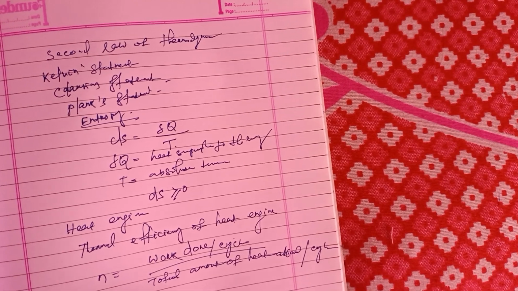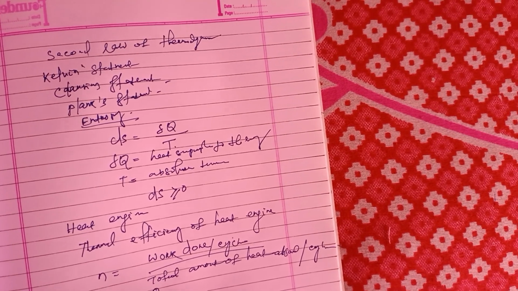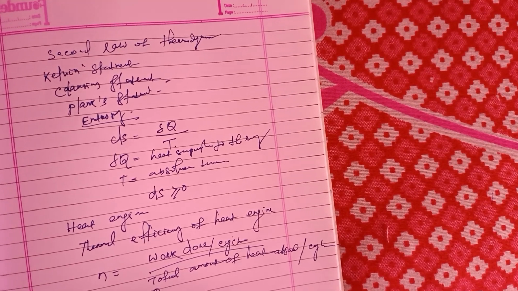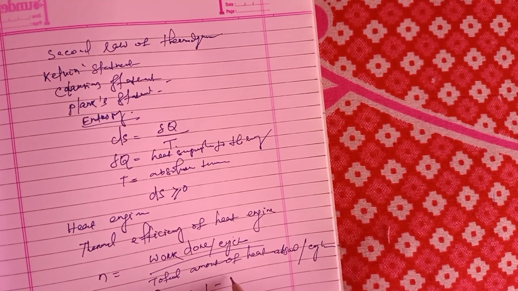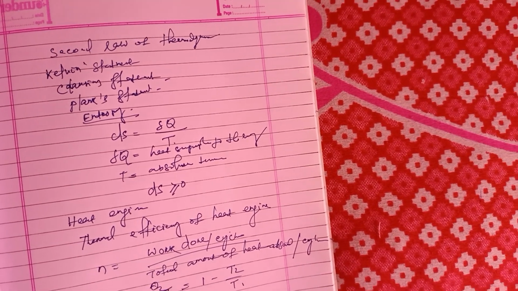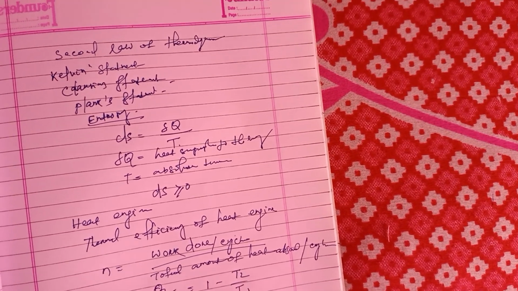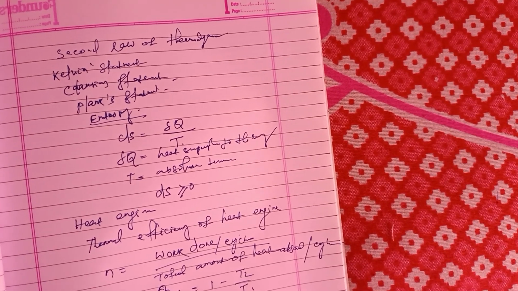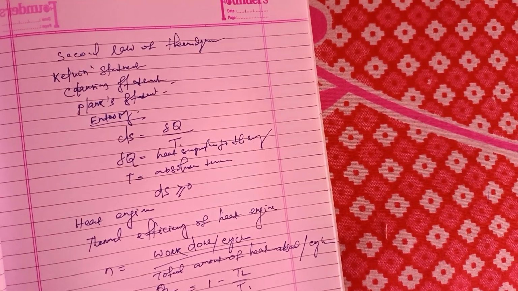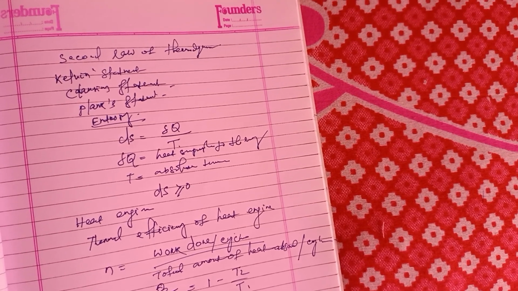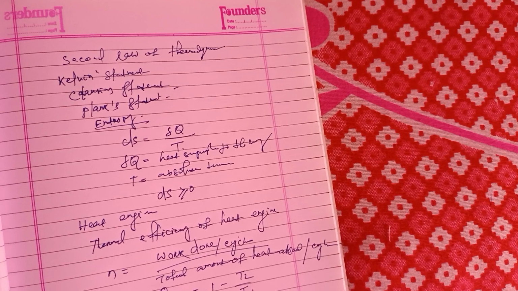Efficiency = 1 - Q2/Q1 = 1 - T2/T1, where Q1 is the heat absorbed from the heat source, and T1, T2 are the temperatures of the source and sink.